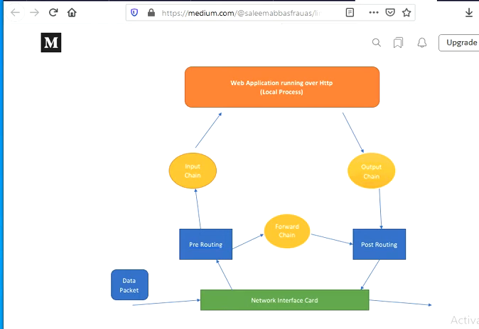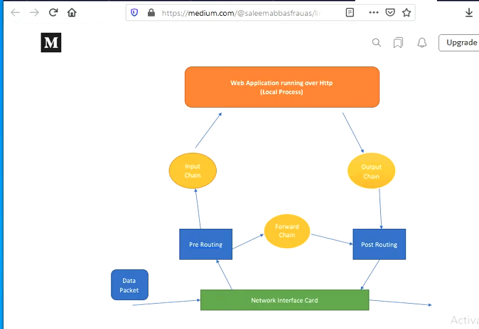If the packet is destined to that machine, then it goes to the input chain, and then to the web application running over the HTTP local process. What is the meaning of local process?